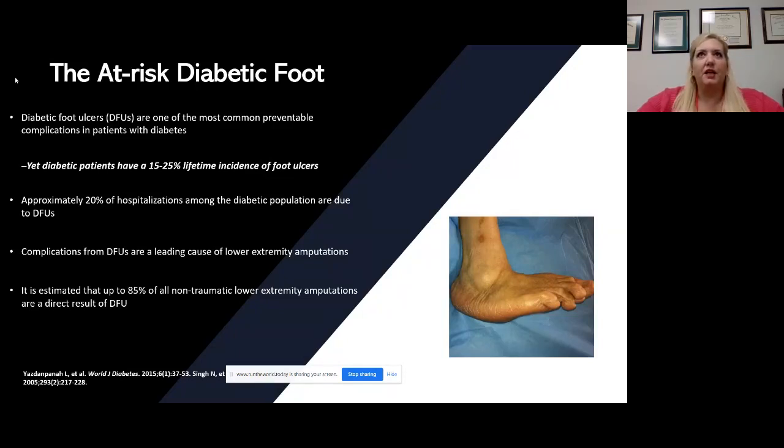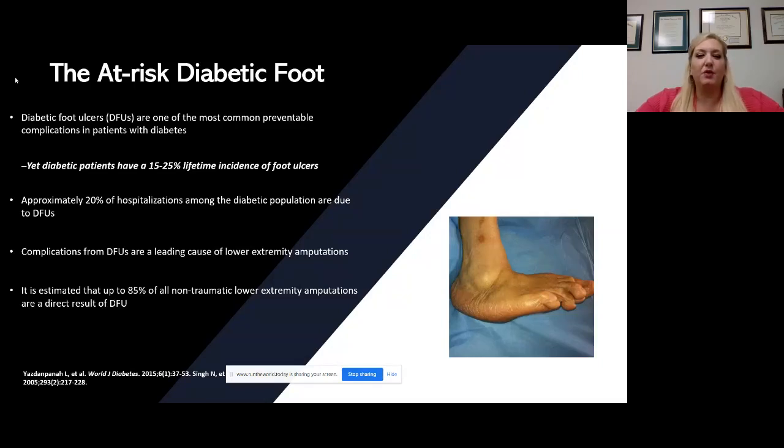So our patients have diabetes, they're poorly controlled, they're not managing their foot disease, they're not doing diabetic foot checks or wearing appropriate shoe gear. They develop ulcerations, they're not adherent to care or possibly are unaware that they've developed an ulcer. The ulcer gets infected.